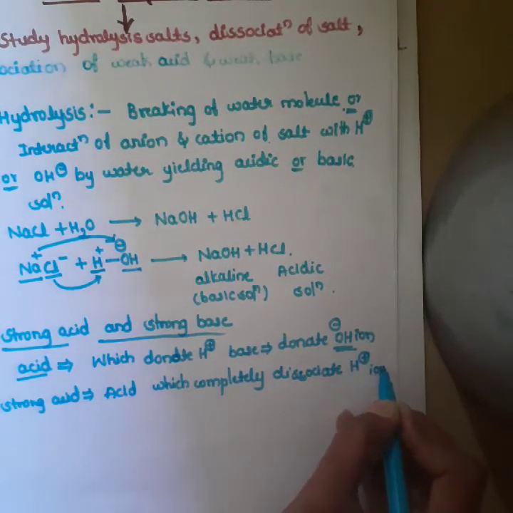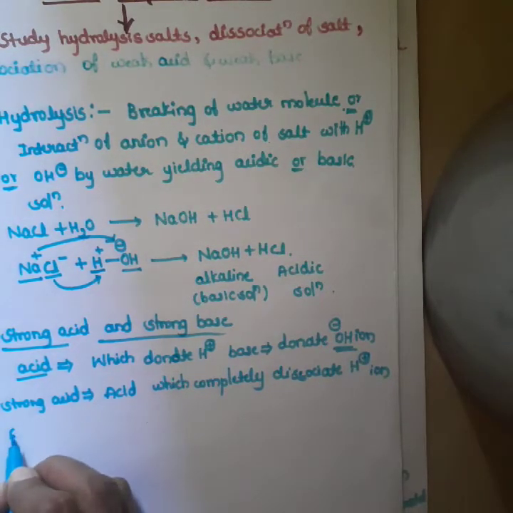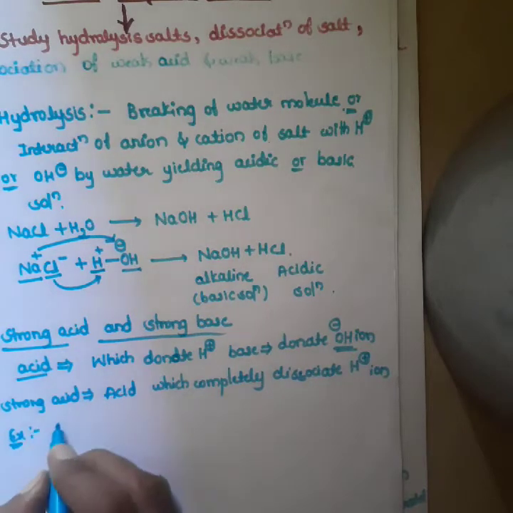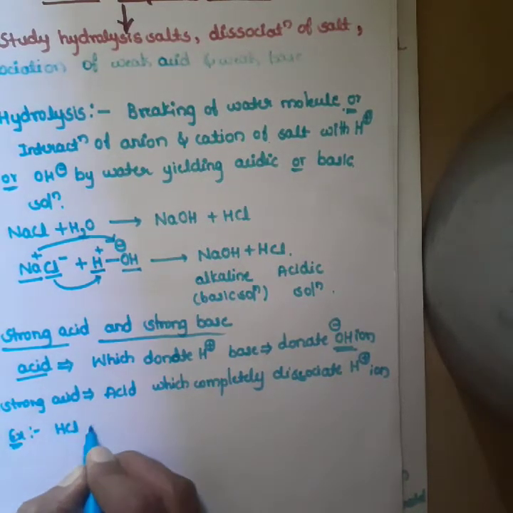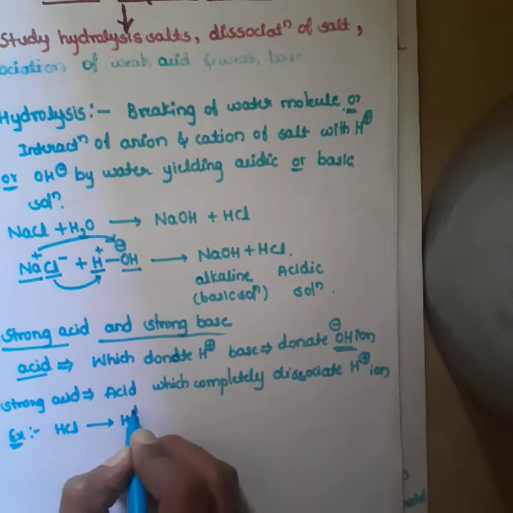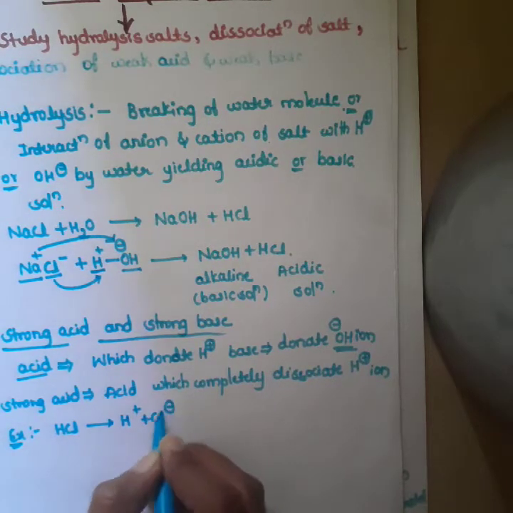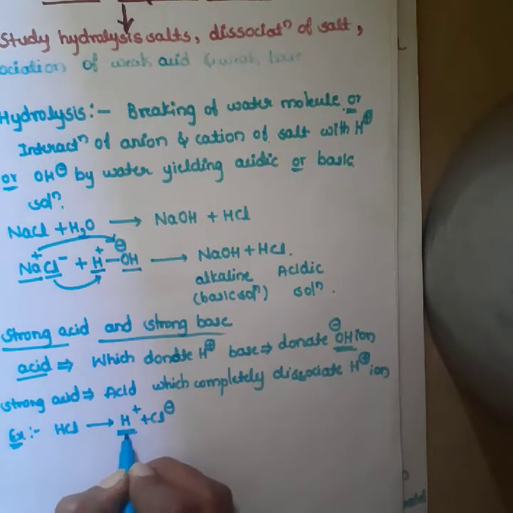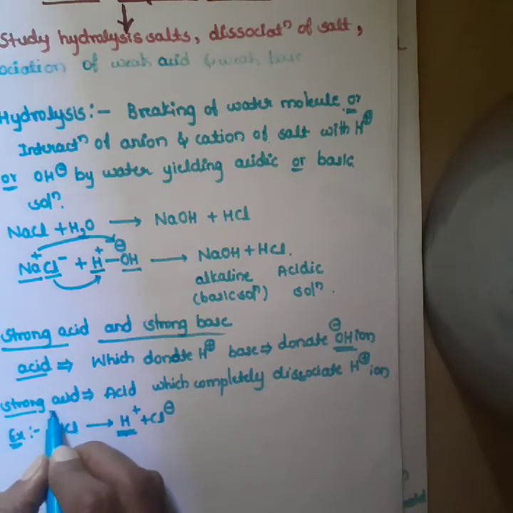For example, consider HCl. It will give H plus and Cl minus. It gives H plus, but it is completely dissociated. That's why it is called strong acid.